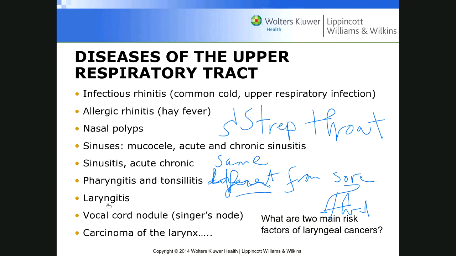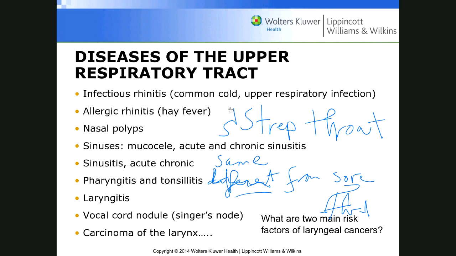I'm not going to go into the physiology of that, but the larynx is where your voice box is, and oftentimes you can get inflammation there, which is laryngitis.